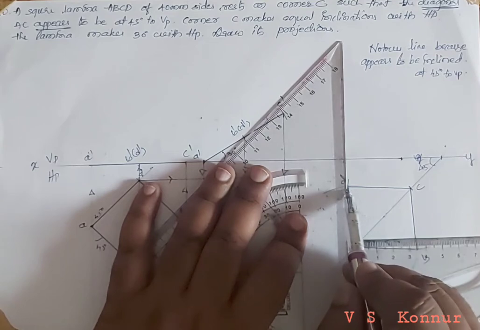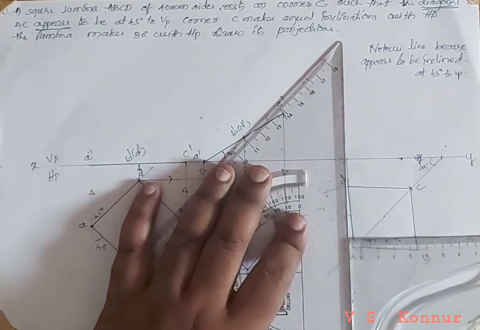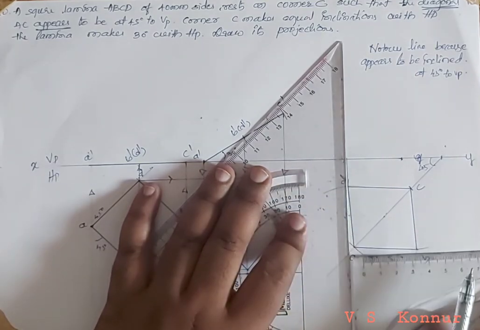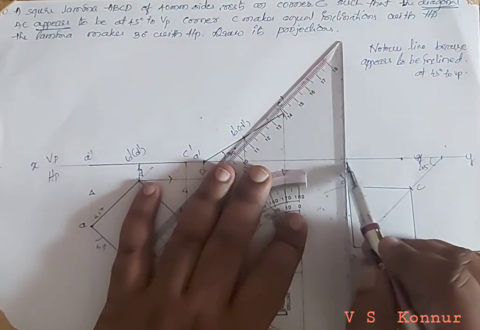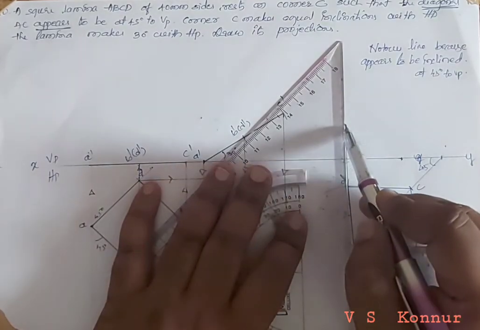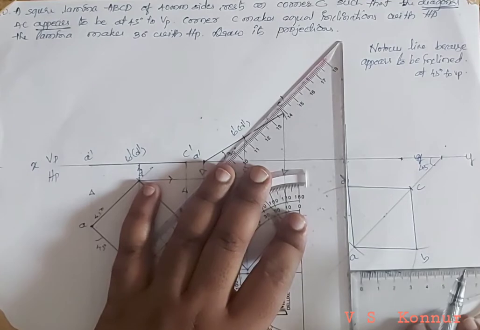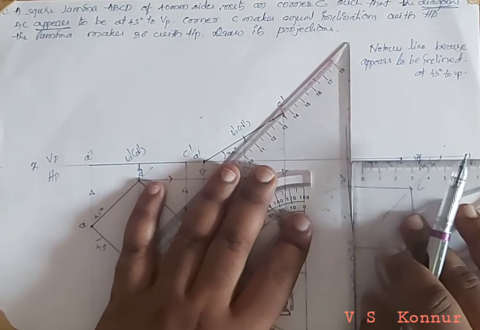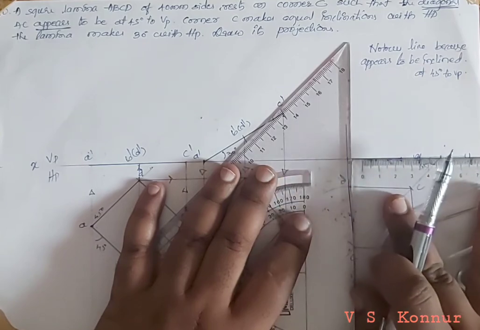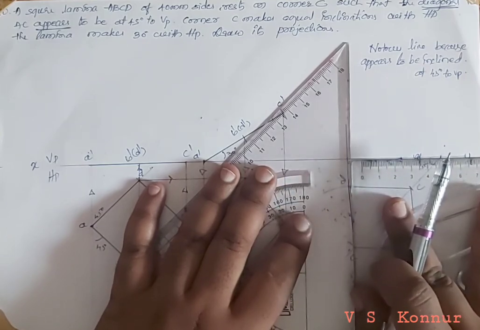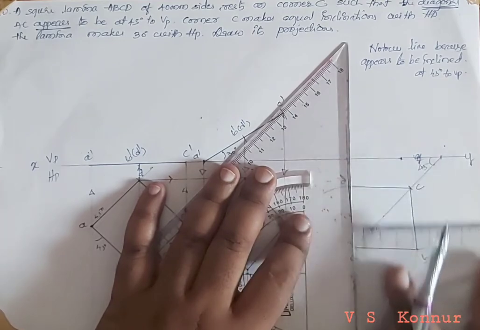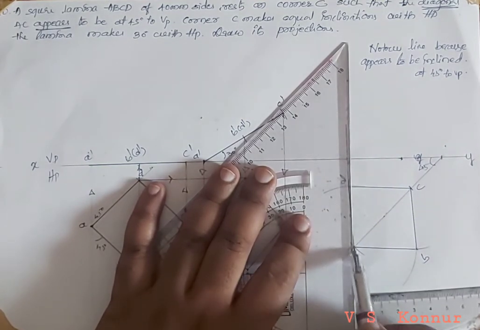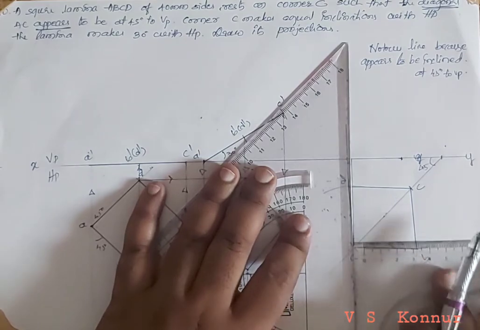From A point till it intersects A in the front view. This D point, and then from A point, just I'm taking the parallel, then from A point till it intersects the XY line.